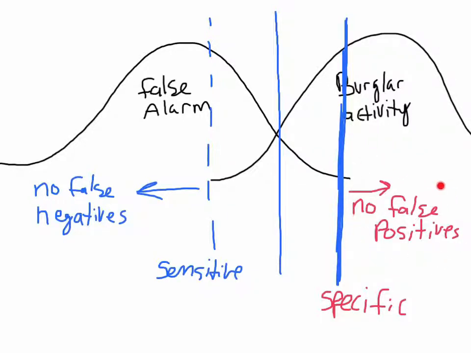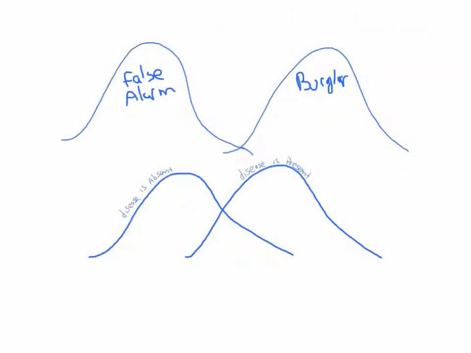All your positives are true positives. On this side, you have no false negatives. If the alarm's not going off, there's nothing wrong with your car. And so we have looked at this curve, and we've described a curve that has a lot of overlap, and we can either be very sensitive or we can be very specific.